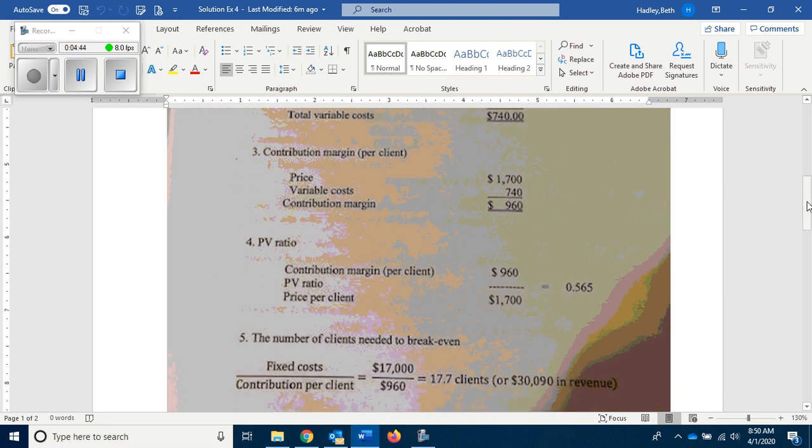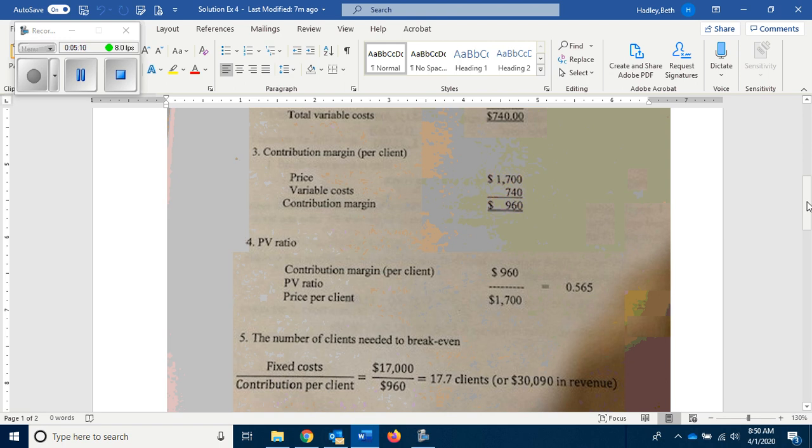Okay, so now the number of clients needed to break even. Your fixed costs divided by your contribution per client. So every client you have contributes $960 towards covering the fixed costs. So 17,000 fixed costs divided by 960 contribution margin per client equals 17.7 clients.